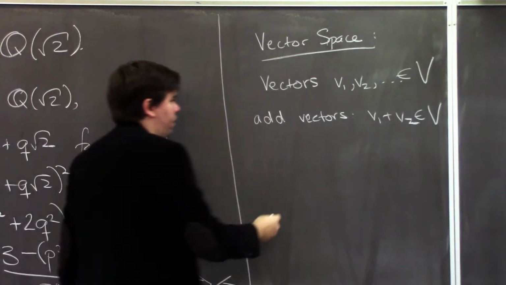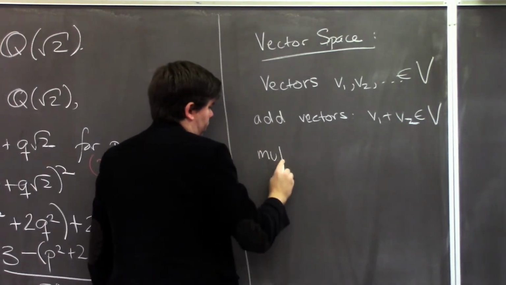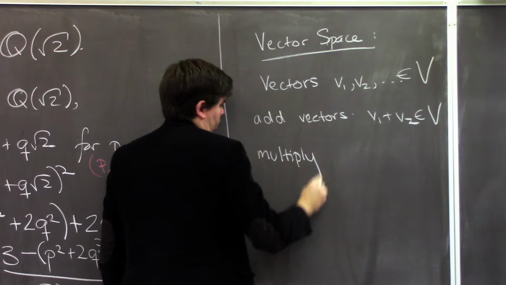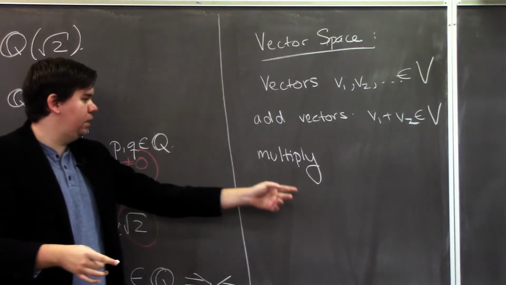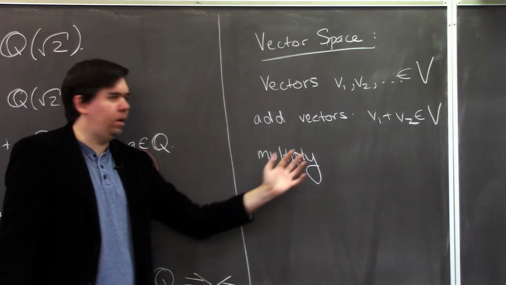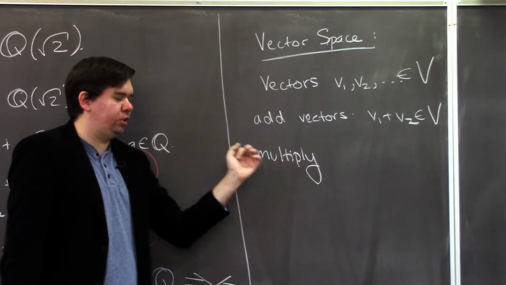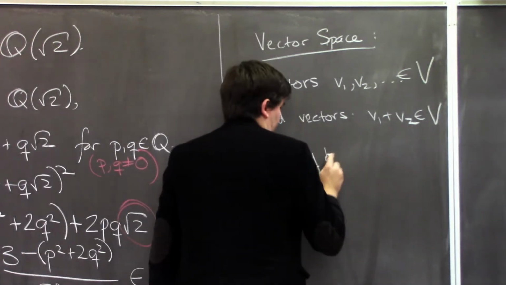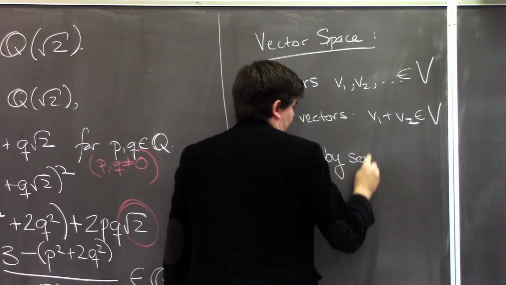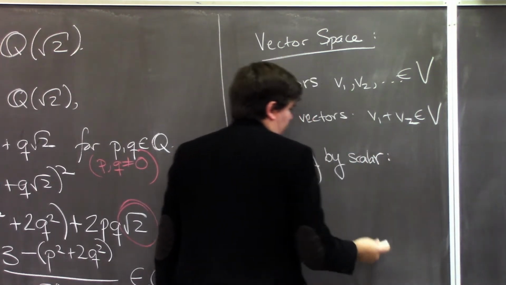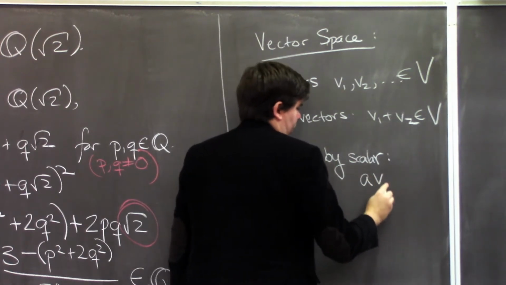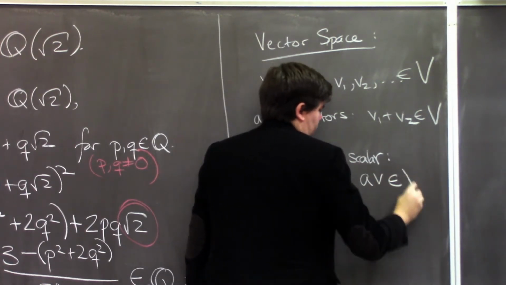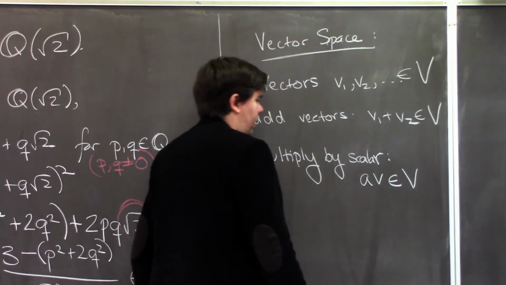And you should also be able to multiply, not a vector by a vector, although you do build up an idea of a cross product. But the more simple notion of multiplying is just multiplying by a scalar. You should be able to multiply by some scalar. And so this is some value a times your vector, which should still be inside your vector space.